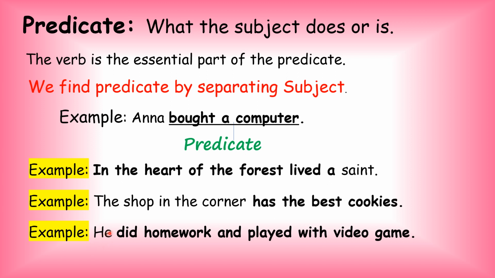By reading this part: did homework and played with video game. So this part of the sentence is giving information about he. So the part which is giving information about he will be the predicate. Again, children, let me remind you, did is a verb.